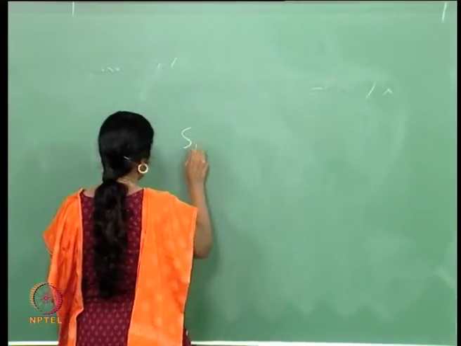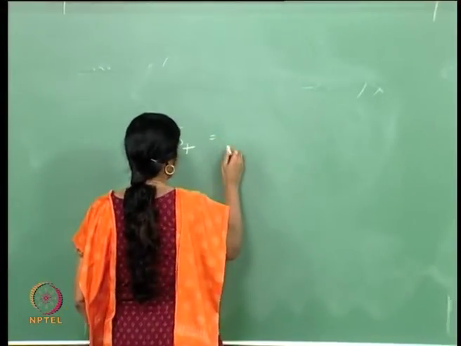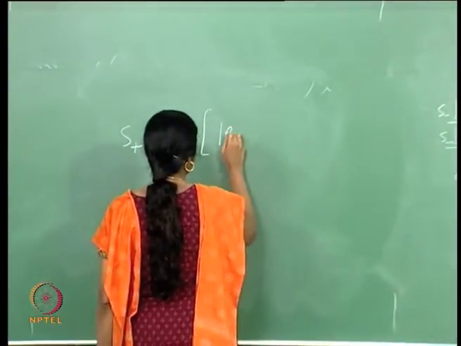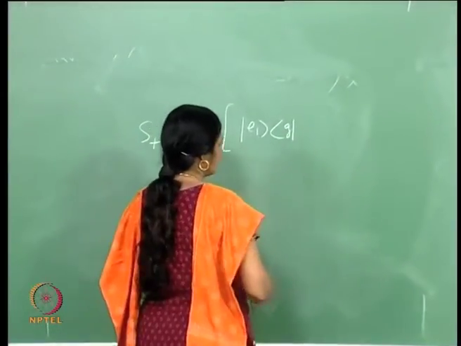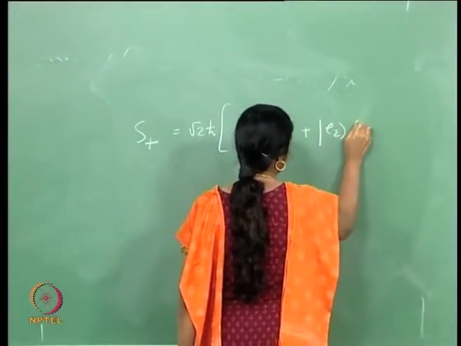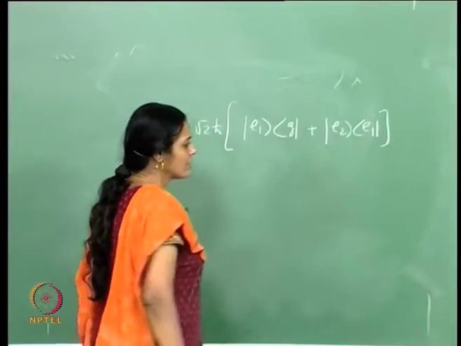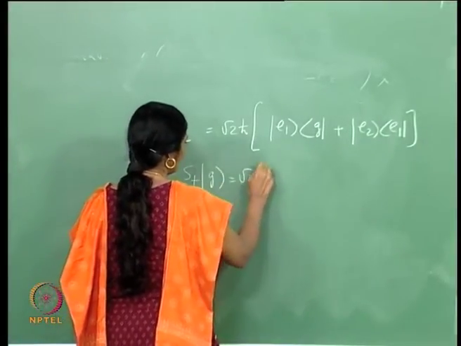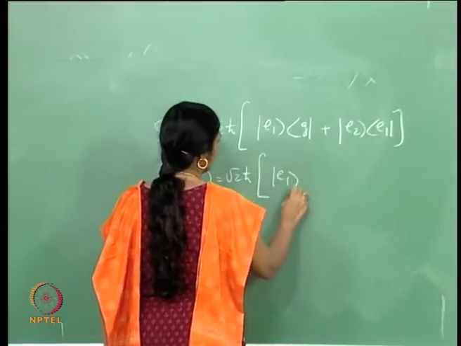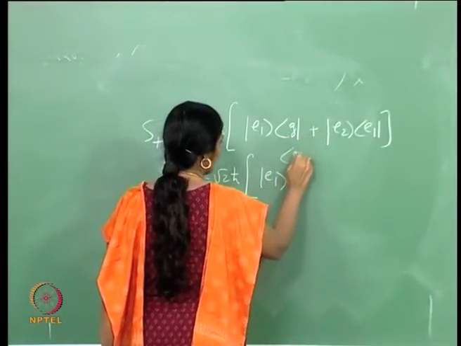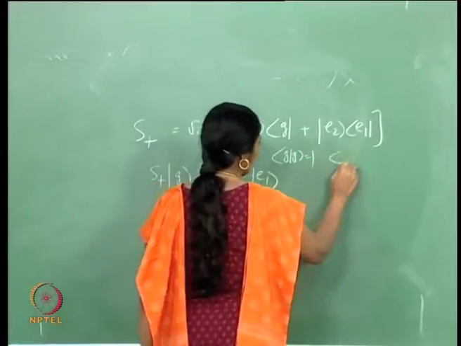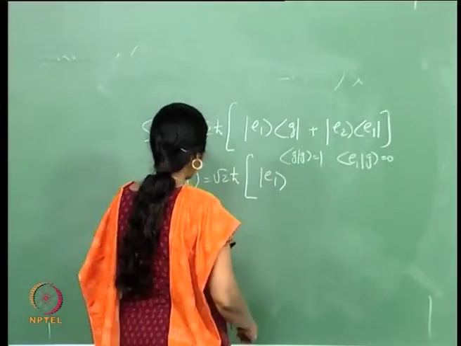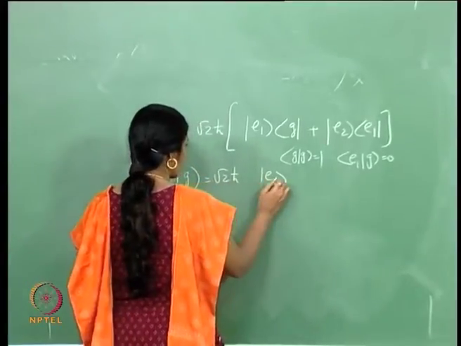S plus is the operator, it is a non-Hermitian operator given by... I have written this just by inspection because I can see that S plus acting on G is E1, because GG is 1, E1G is 0, and therefore it is obvious that S plus acting on G is root 2 H cross E1.